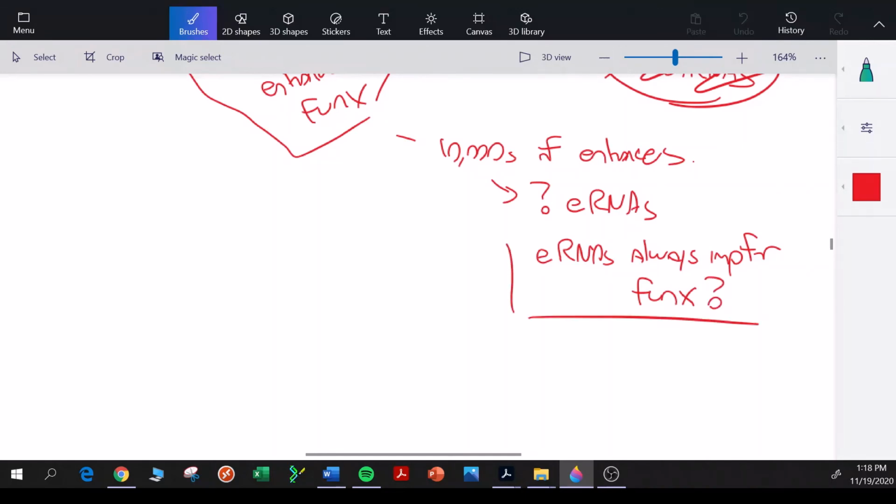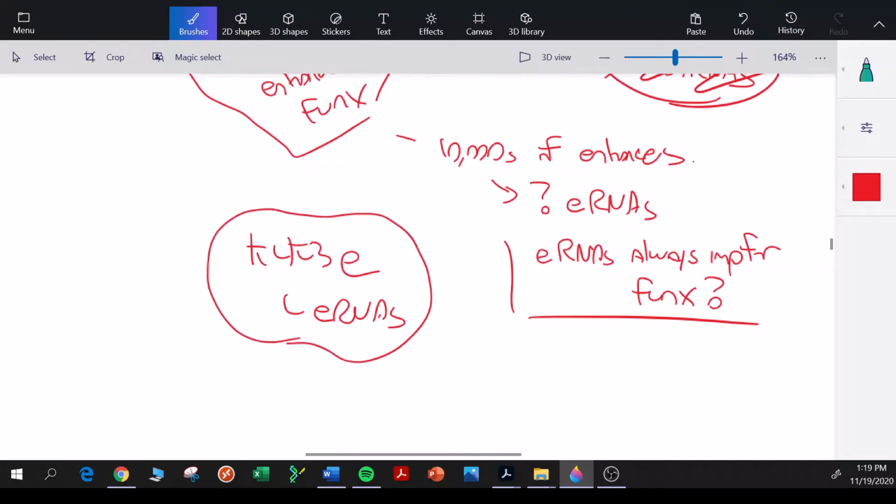But what we do know is in the case of the KLK3 enhancer, that its enhancer RNAs are important for its function. And we're going to see more in the next video about why researchers think the enhancer RNAs are important, or how they help the KLK3 enhancer promote transcription of its target genes. Okay, so more on this in the next video.